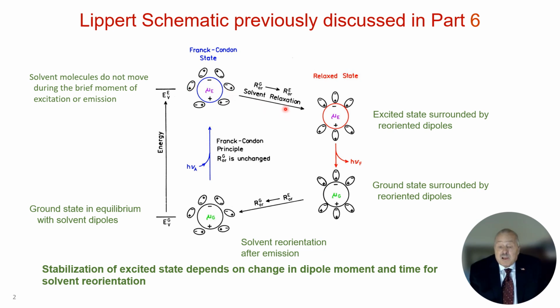Then there's a relaxation rate, which we assumed to be very fast in the previous lecture, where the solvent molecules reorient around the new dipole moment, and then emission to the ground state, also instantaneous, same distribution of solvent, and then to the equilibrium state.